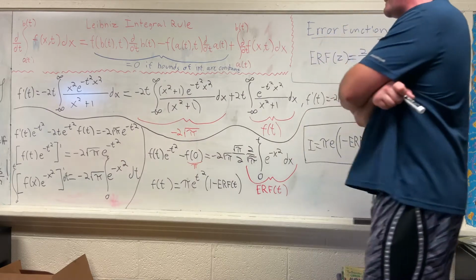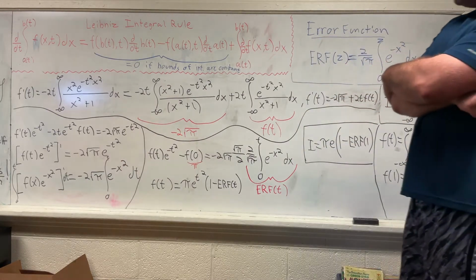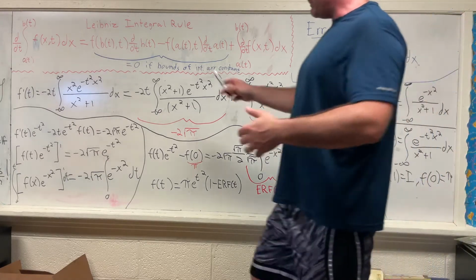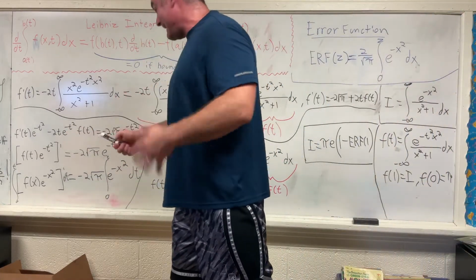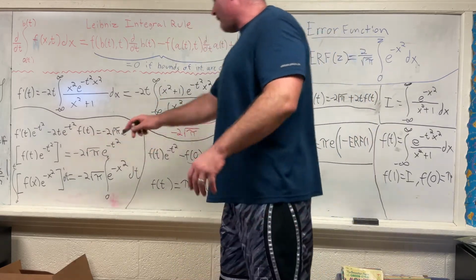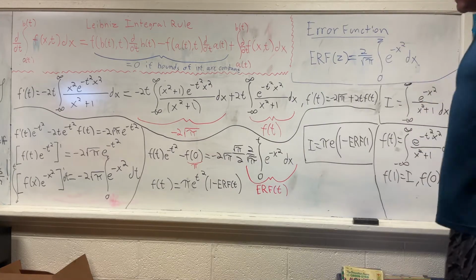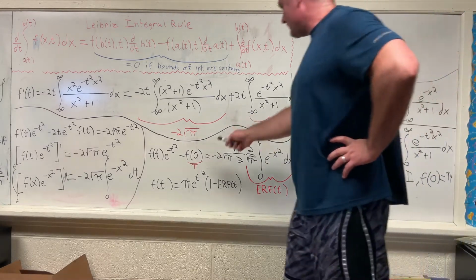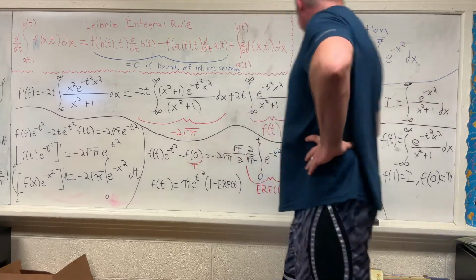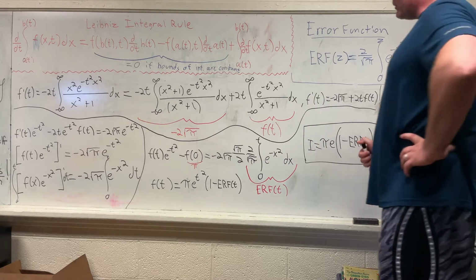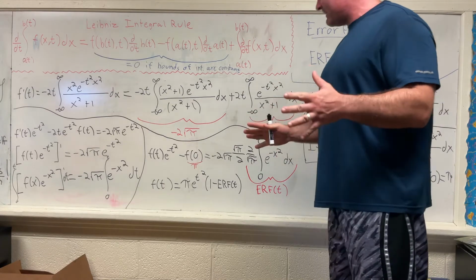So what we'll be left with is f of t e to the negative t squared, that would be our big F evaluated at t, minus f of 0 e to the negative 0, which would simply be f of 0, which, as we noted right here, is simply pi.